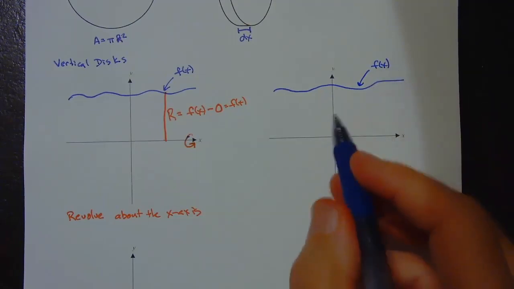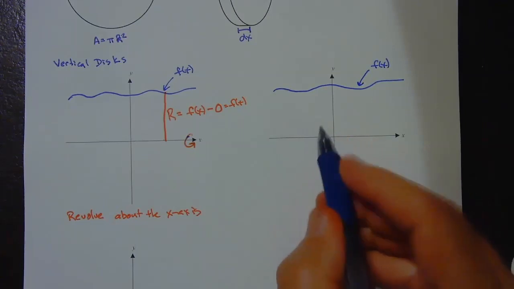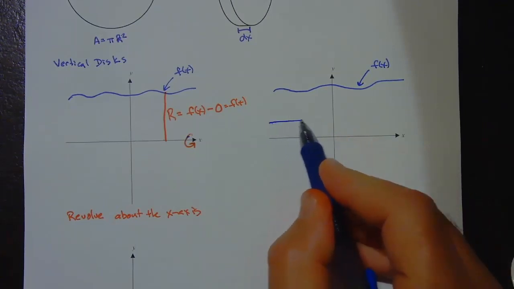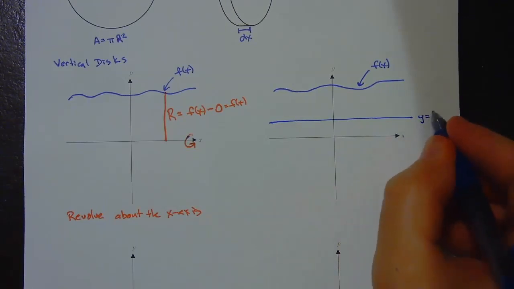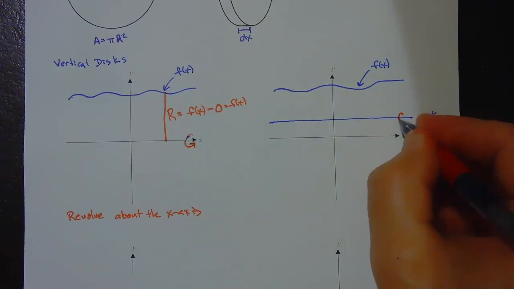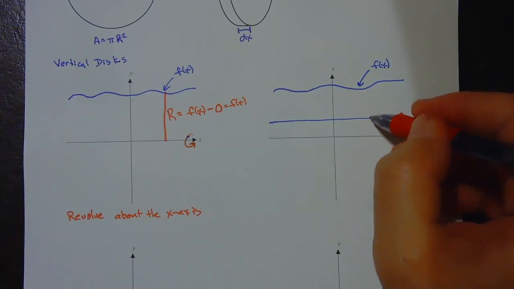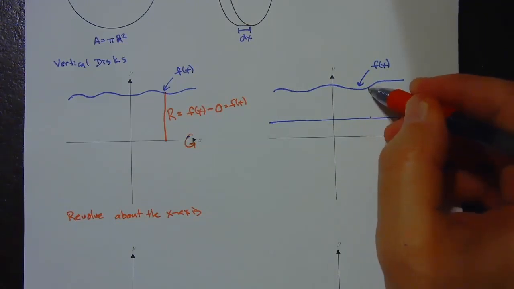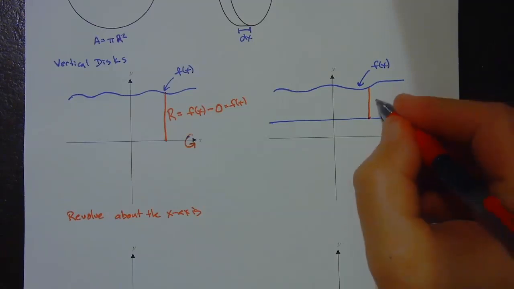And this is still going to be a vertical disk, and let's say we're going to rotate it about the straight line y equals k. So I'm going to draw my little rotating-around symbol around this line. We go from that to the function, so we'd go up, and that is going to be my radius.